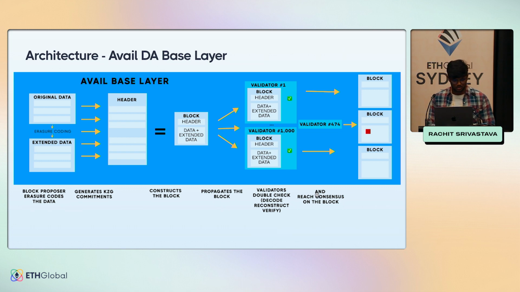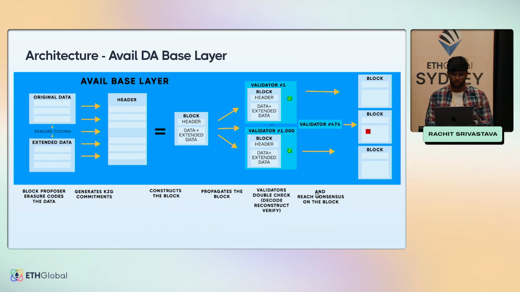Now there's the big overview of the architecture of Avail. Not very important, but good to have in your head. On the left side, the original data is available to you. You erasure code it, that is, you extend it. What erasure coding allows is that a party who wants to corrupt a particular piece of data now has to corrupt a lot of data in order to pass the erasure coding and the KZG commitment checks.